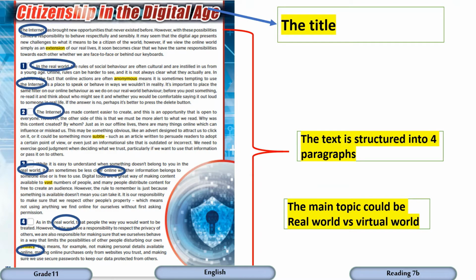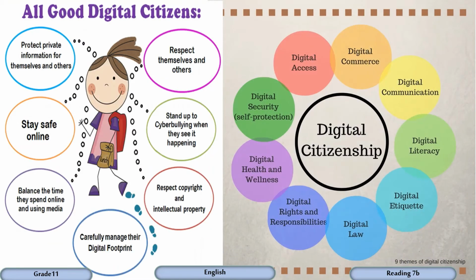Going back to the title, what do you think citizenship in the digital age means? We can Google it. We can find a lot of results. And digital citizenship, as you can see, is about digital security, self-protection, health and wellness, rights and responsibilities.